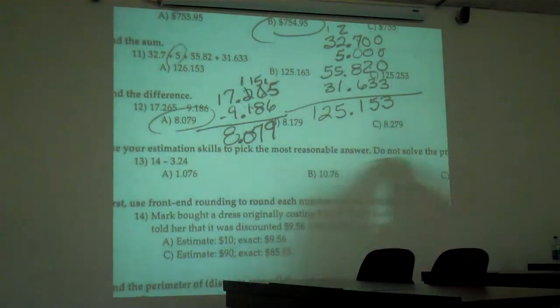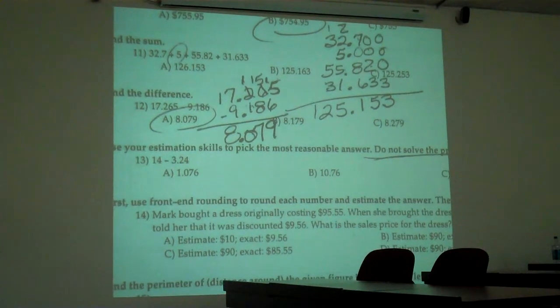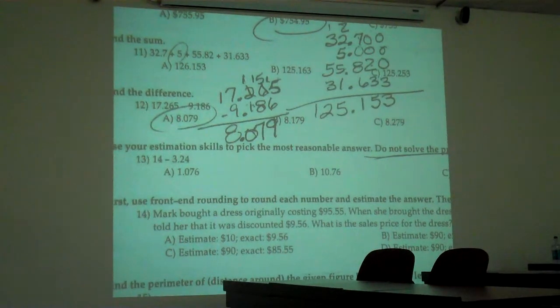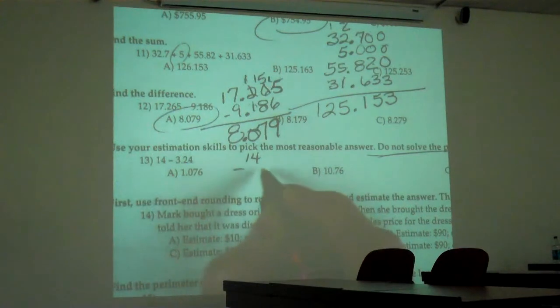Okay, use your estimation skills. You don't have to solve it. Using your estimation skills to pick the most reasonable answer. So if that one's not multiple choice, it's one you're going to have to actually do, right? 14 minus 3.24.